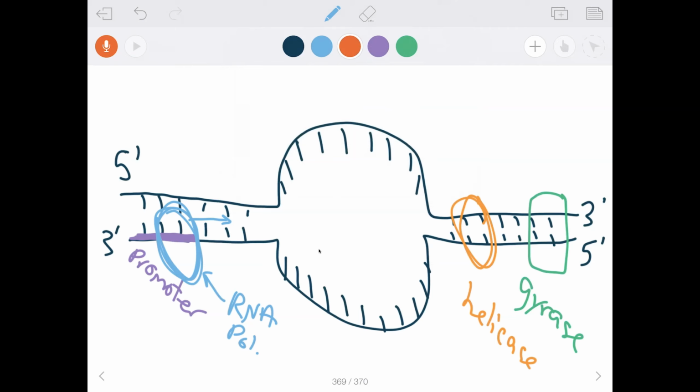as it gets over here towards the bubble, it starts putting down matching nucleotides. And it builds the polypeptide. So let's say it's over here. Still going that way.